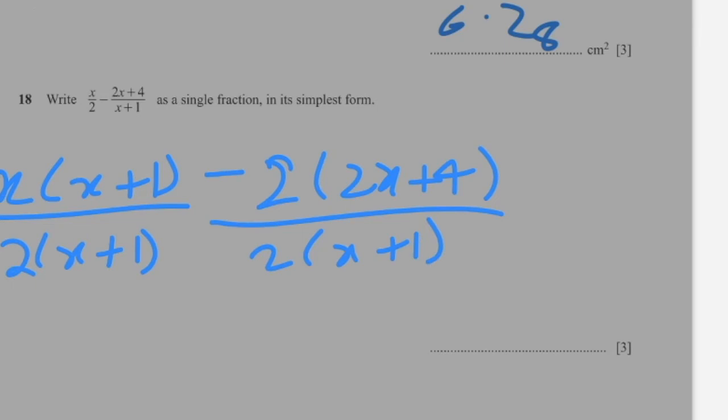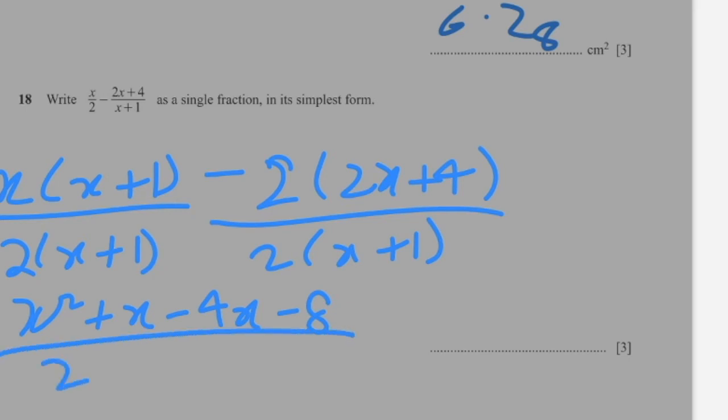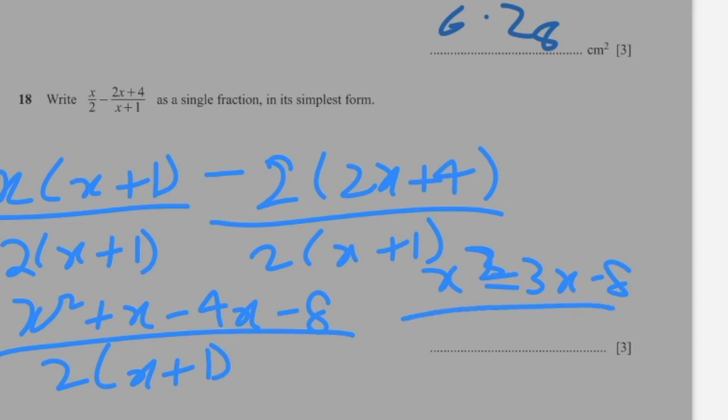What I'm doing over here is I'm multiplying both of the whole fractions with each of their denominators. So I've multiplied this fraction with this denominator, and I've multiplied this one with 2. So we have x squared plus x minus 4x minus 8 over 2x plus 1. So we get our resultant answer as x squared minus 3x minus 8 over 2 into x plus 1.